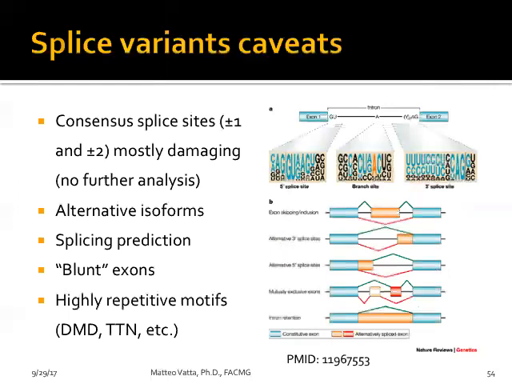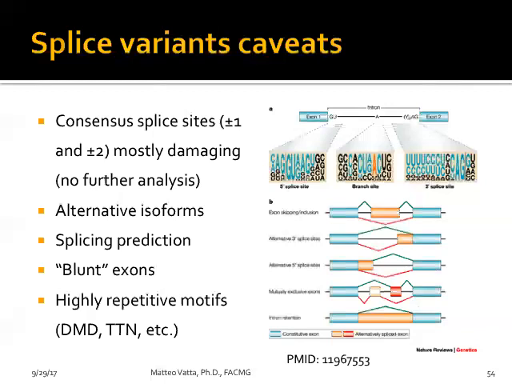Also, we have to keep in mind when we look at splicing variants that not all splice variants are born equal. Of course, if we have a gene like myosin heavy chain 7 that has only one known transcript, then an alteration in splicing will be clinically meaningful.